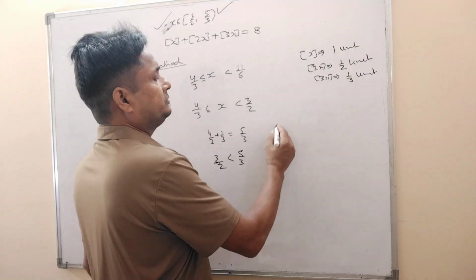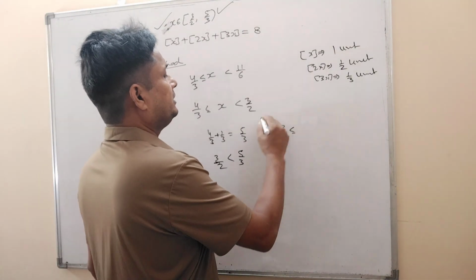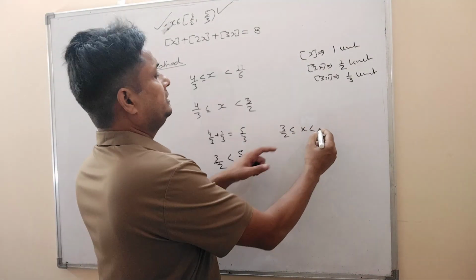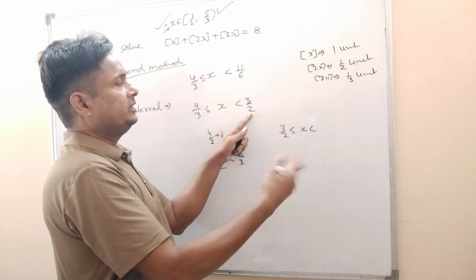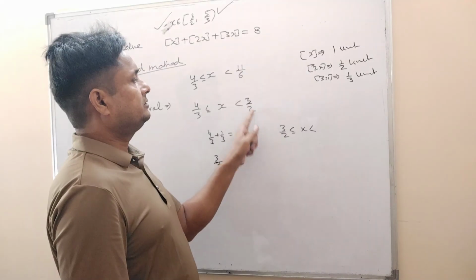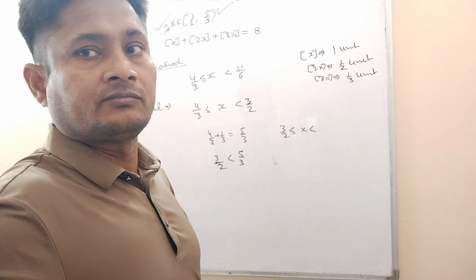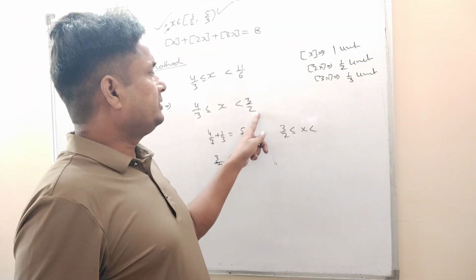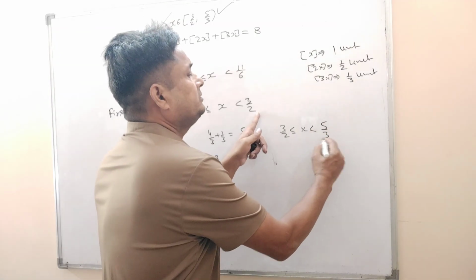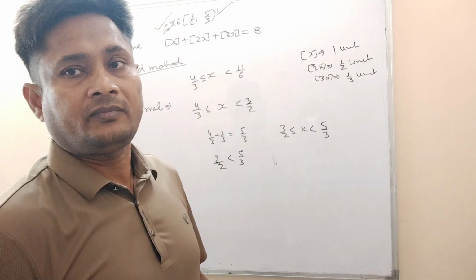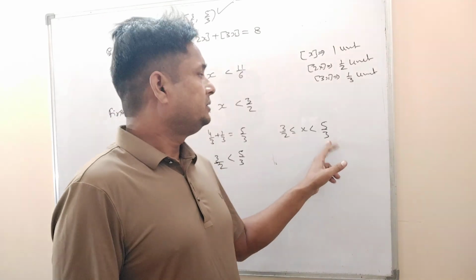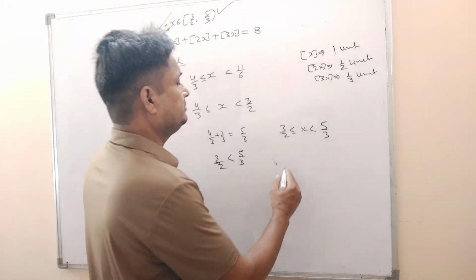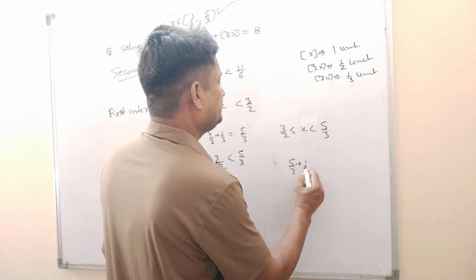This is the next one, 3 by 2 to what? If you add 1 by 3 to 3 by 2, next interval will obviously be 5 by 3. And after 5 by 3, you can add one more 1 by 3.